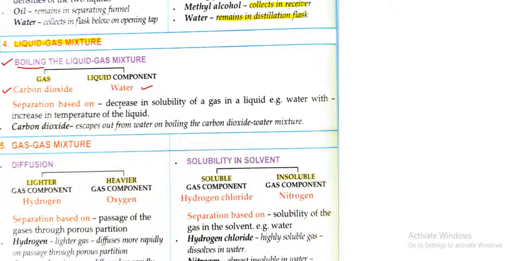We know that carbon dioxide can dissolve in water. In the water chapter we have discussed this, and in higher classes we will read about solubility and how it depends on temperature. For now, just remember that the solubility of a gas in a liquid decreases with an increase in temperature of the liquid.